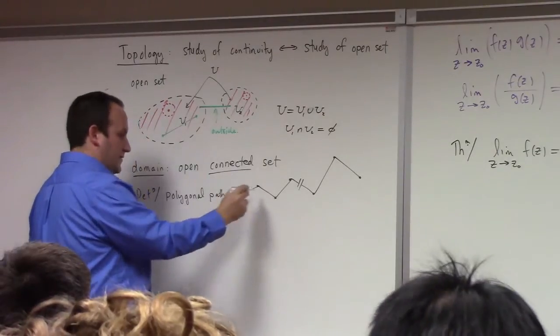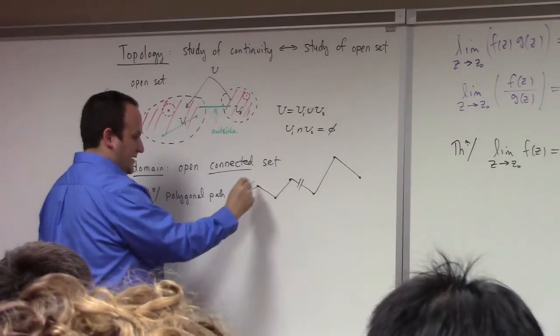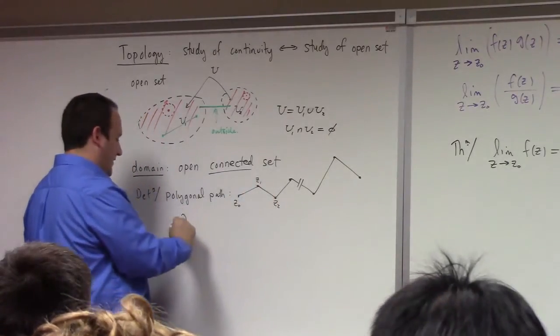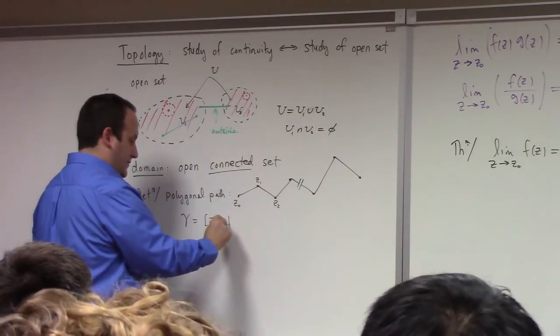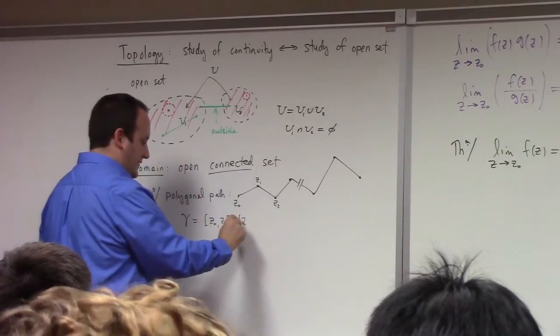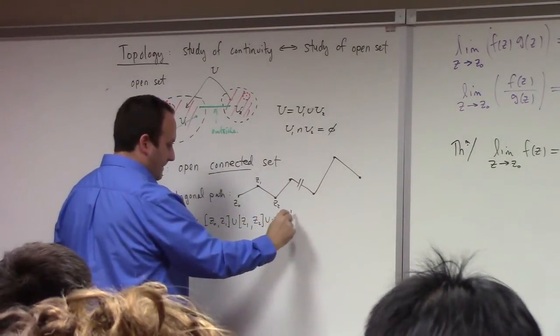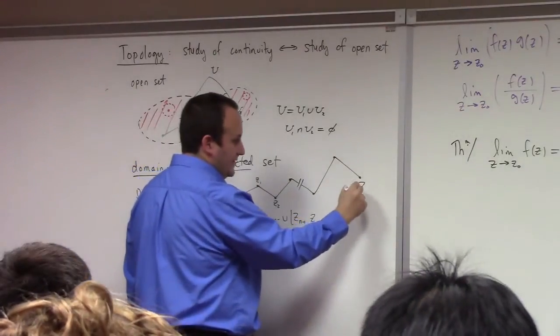And so, this has got, say, Z naught, here's Z1, here's Z2, and so forth, right? So the polygonal path gamma, it's something like Z naught to Z1, union Z1 to Z2, union, union Z n minus 1 to Z n, where n is the nth, the end point.